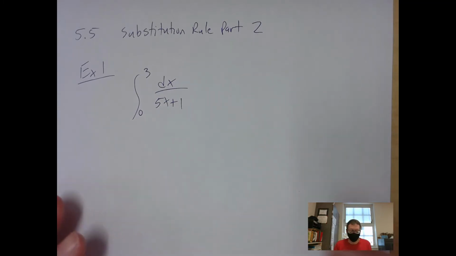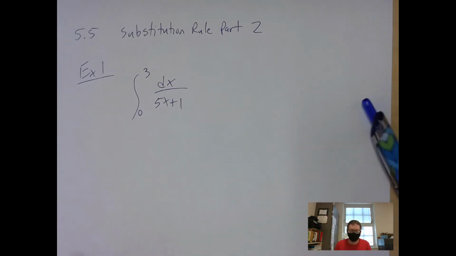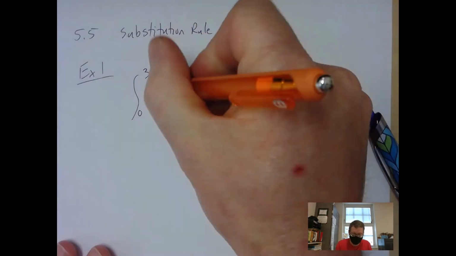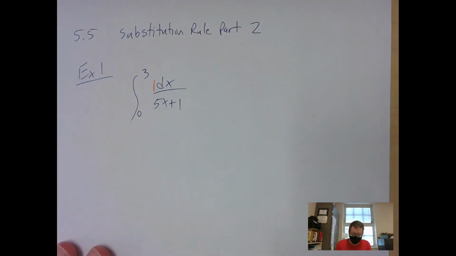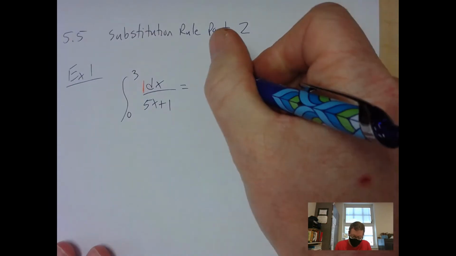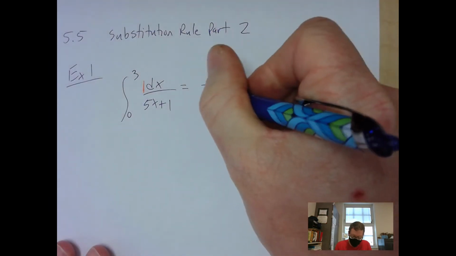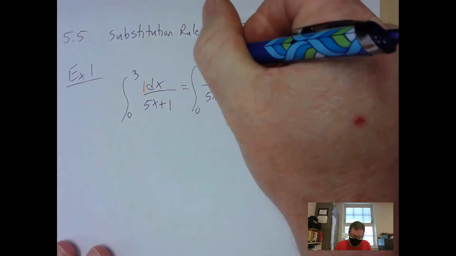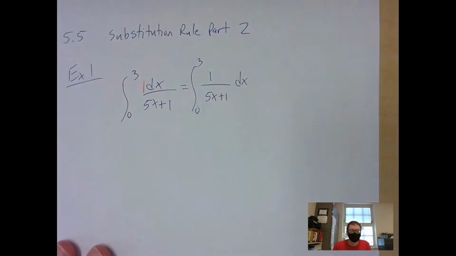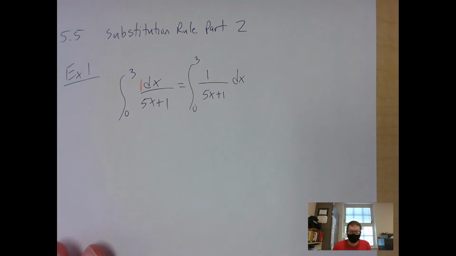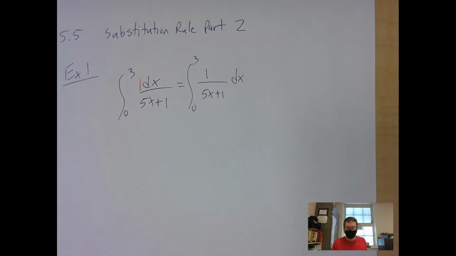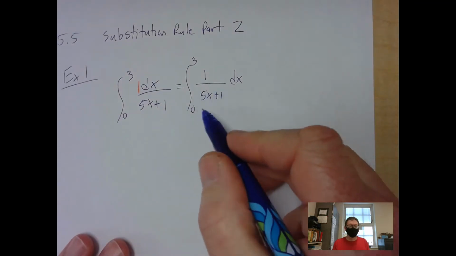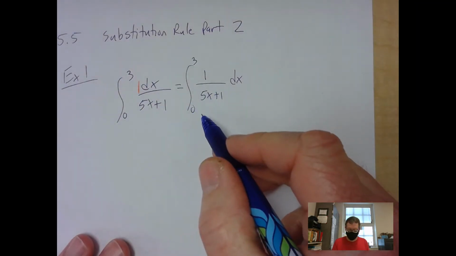So the first thing we want to do here is think about this as having an invisible 1 right there. So we want to look at it as 1 over 5x plus 1 dx, integral 0 to 3. So what do you guys want for the u substitution? 5x plus 1, the bottom part, the denominator.